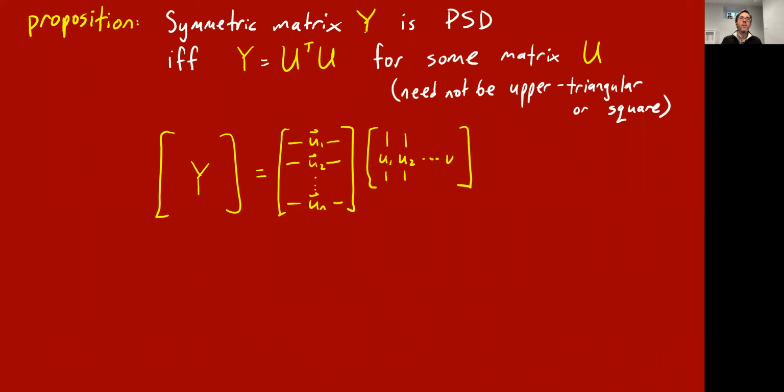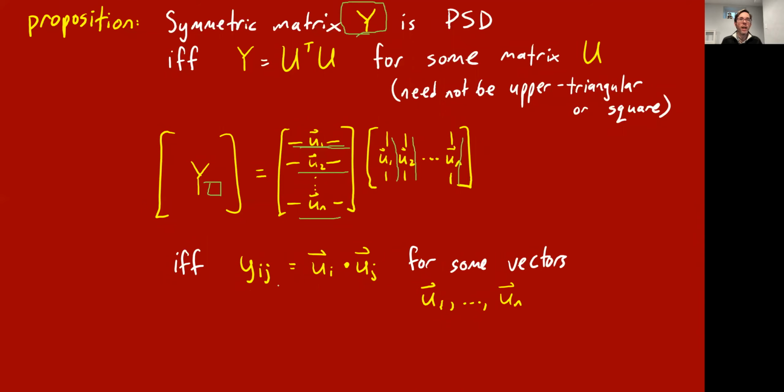And so it means if you have a symmetric positive semi-definite matrix Y, you can write it as U transpose U. If you think of the columns of U as vectors, the transpose has these same vectors as rows. What it means is that the ijth entry of Y, little y ij, is the dot product of the ith U vector with the jth U vector.